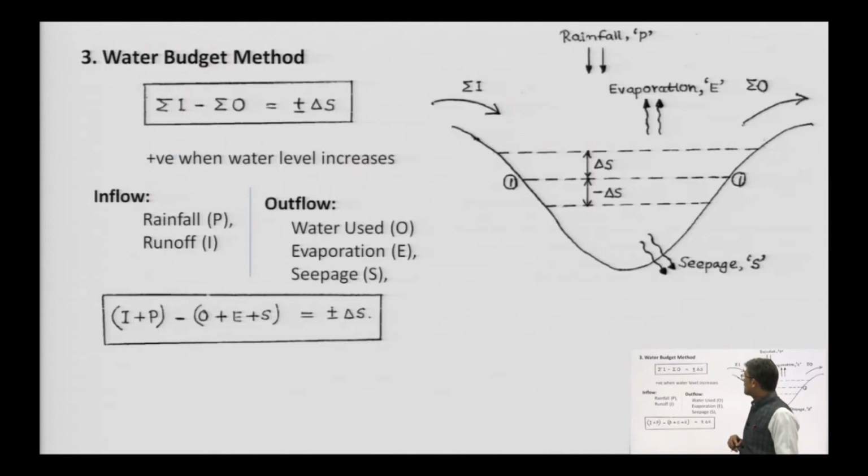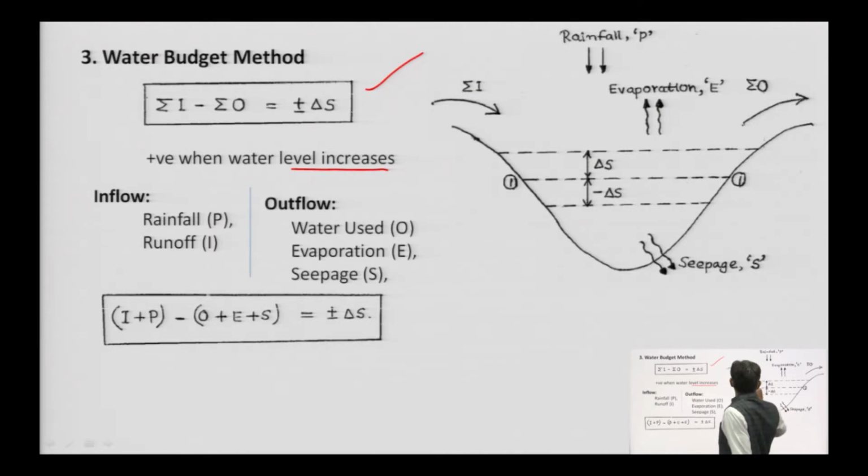In the water budget method we use this relation: sum of total input minus sum of total output equals plus or minus delta S. Delta S is the change in the reservoir quantity: plus if water is added, minus if output is more as compared to input. It is positive when the water level increases and vice versa when the water level decreases.